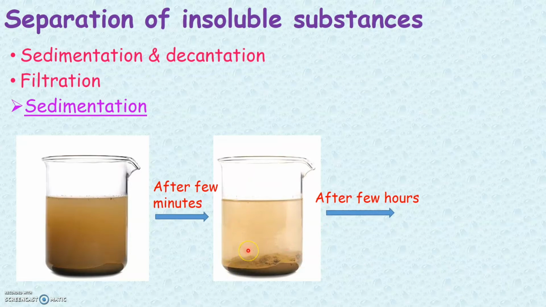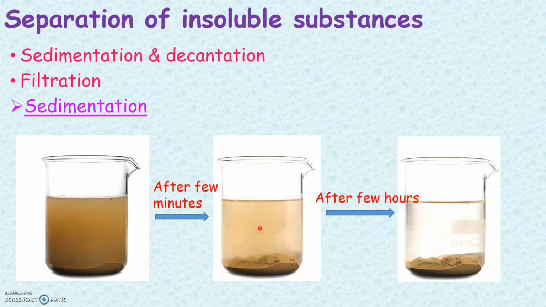of this container. If you allow this mixture of sand and water to stand for some more time without disturbing them, we find that all the insoluble impurities have now settled at the bottom, forming a layer of impurities, and we get clear water above this layer of impurities.